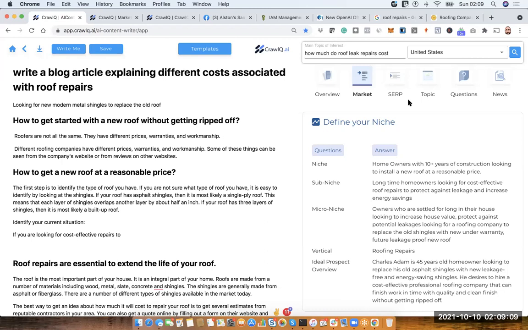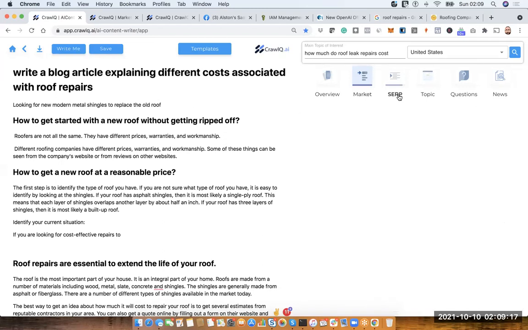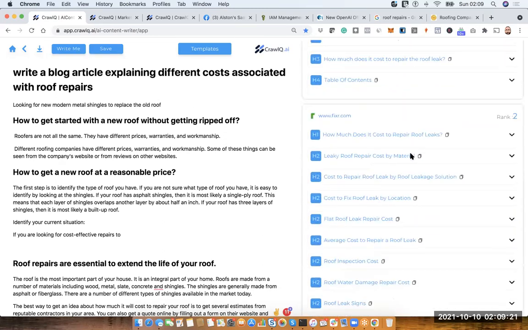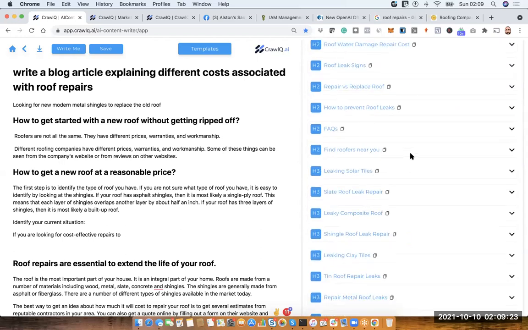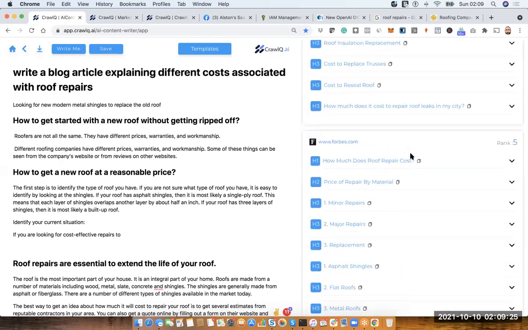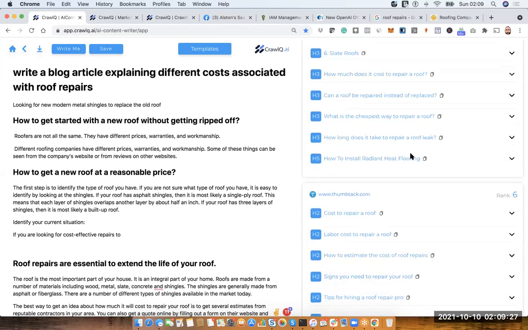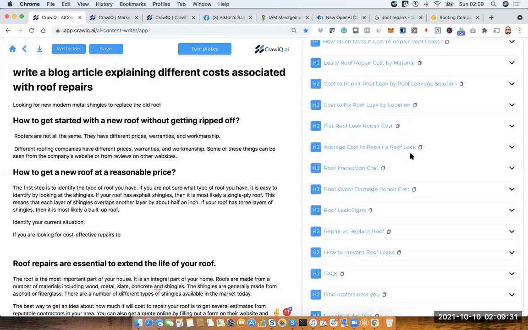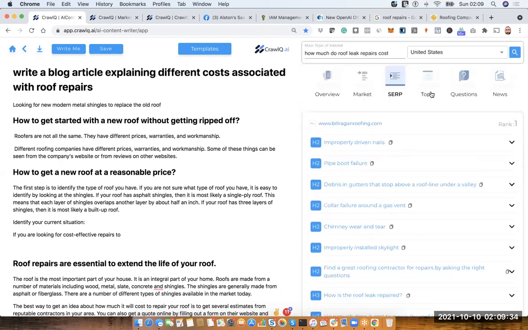They actually want to write because they're being paid to write. That's what I like about CrawlQ, because it accommodates both the efficiency SEO person, and also the copywriter who does enough copywriting that having an aid like this would really take a load off their mind, lift the weights off their shoulders just to be able to get some content going.